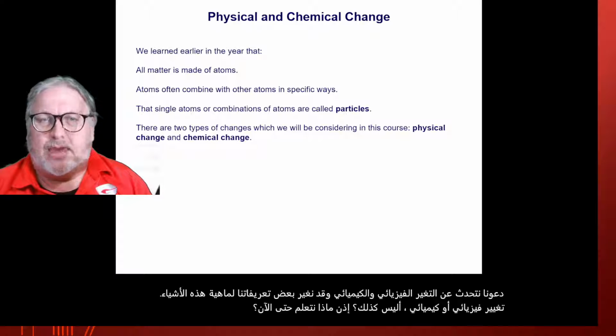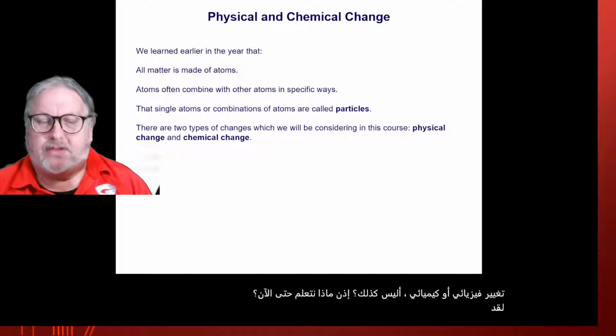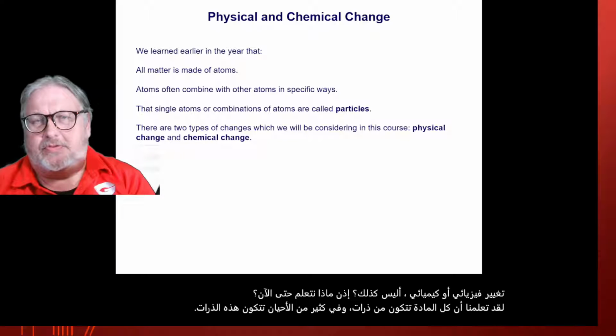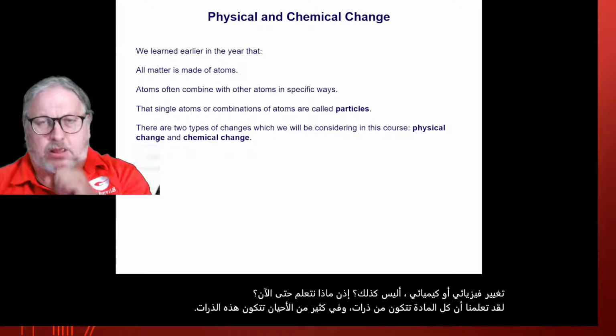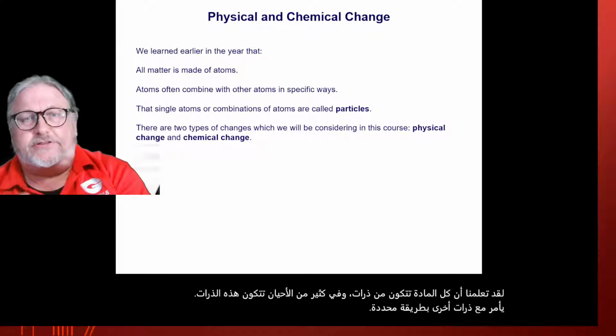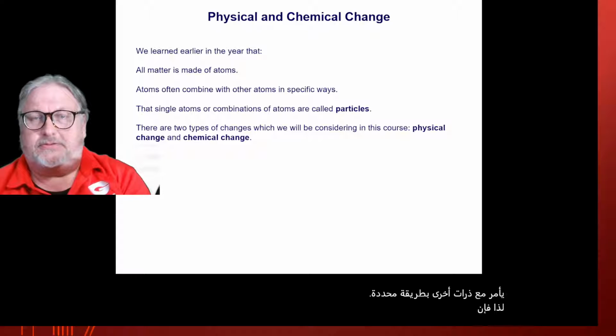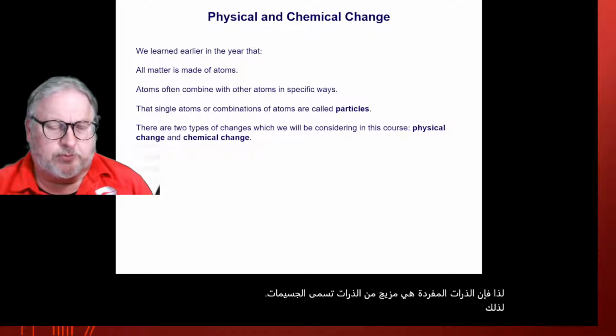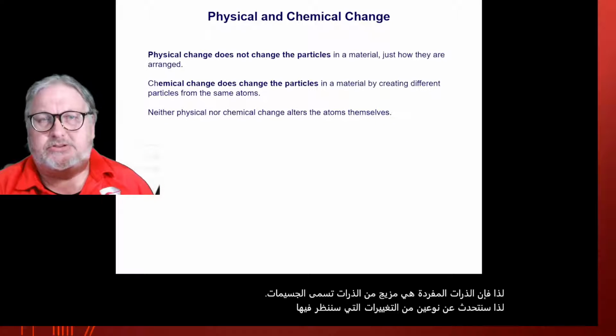We've learned that all matter is made up of atoms. And oftentimes these atoms will combine with other atoms in a specific way. So the single atoms, or the combination of atoms, are called particles. So we're going to talk about two types of changes that we're going to be looking at: physical change and chemical change.